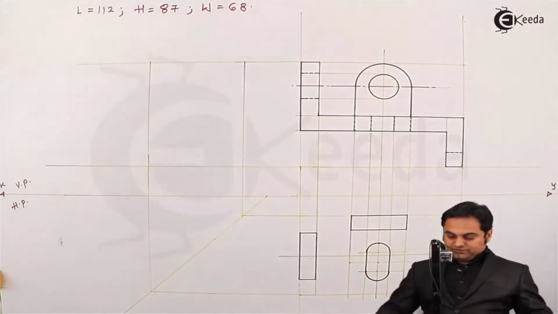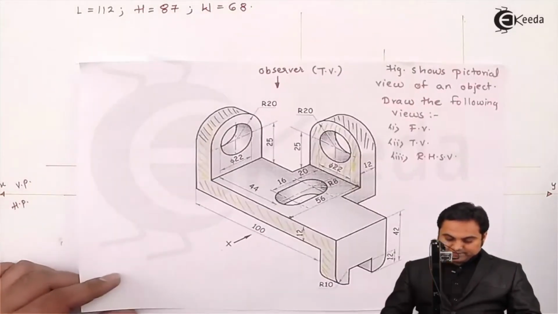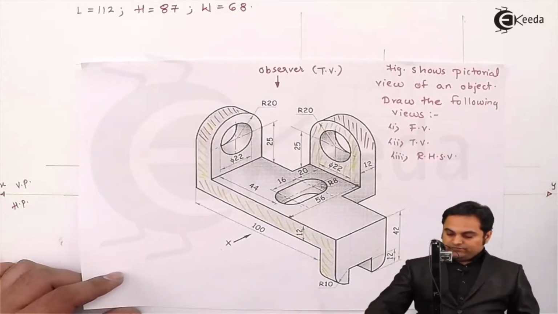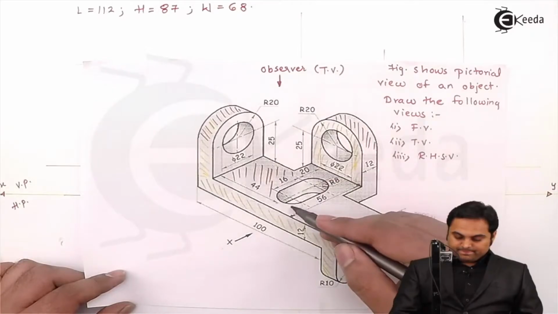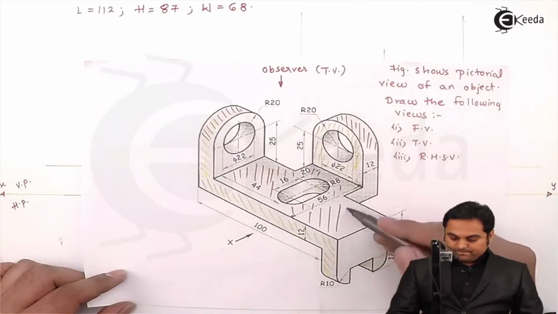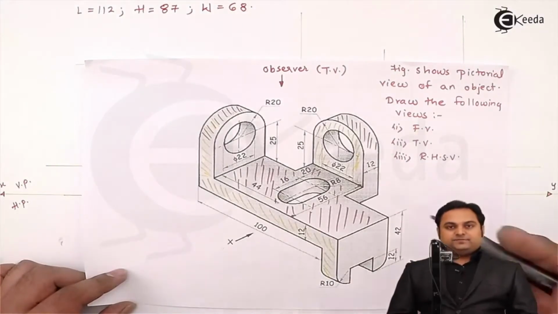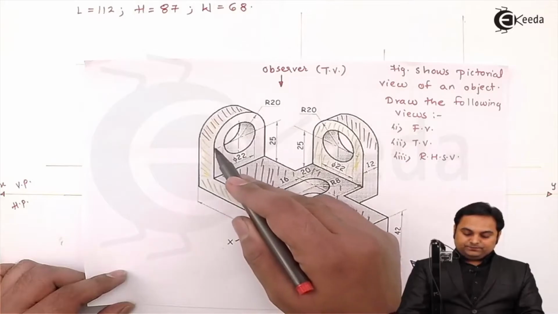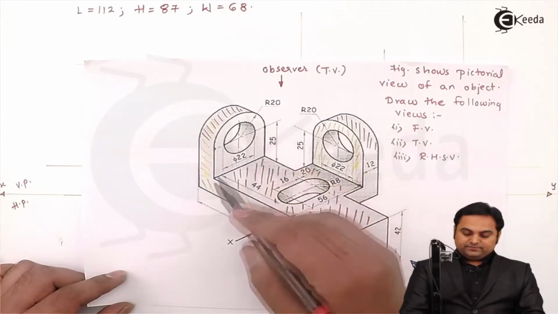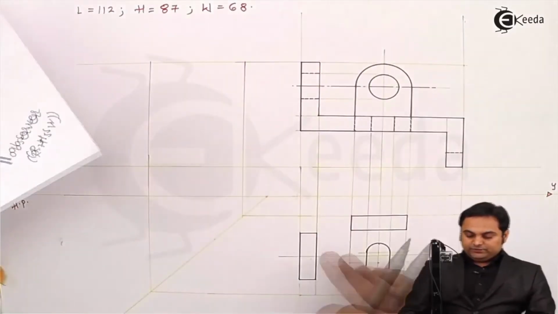So this portion is visible from the top. Next, looking from the top, this surface is visible. Here, this semicircle has the same diameter and this width is the same. So it will go on continuing.